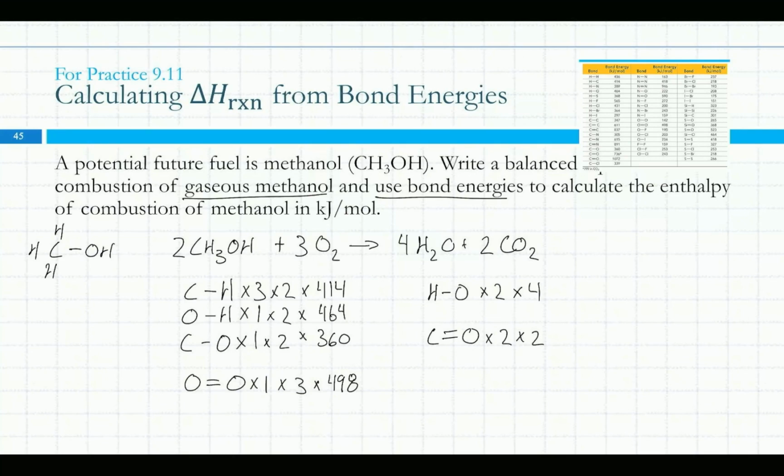So hydrogen, oxygen, I use that one. That's now a negative 464. Carbon oxygen double bond is negative 1072.